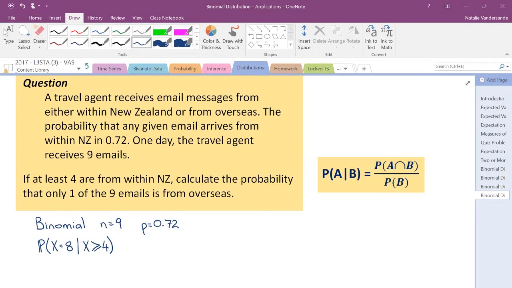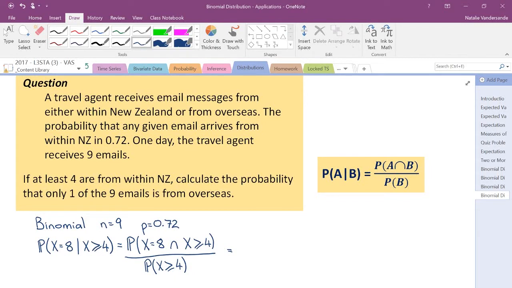So continuing with our conditional probability formula, we can then write this conditional probability can simplify down. If we look at the top line of the fraction, we're saying the probability that x equals 8 and x is more than or equal to 4.